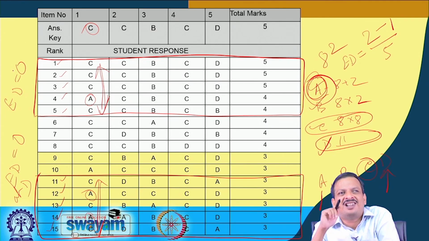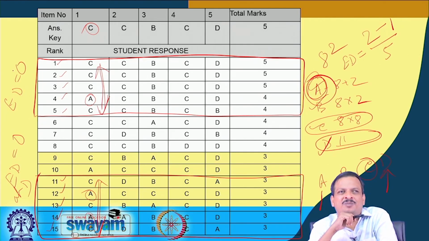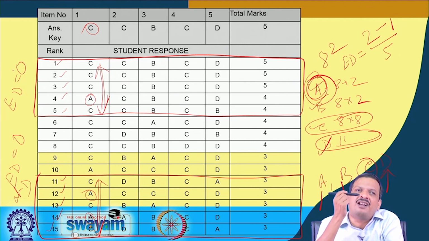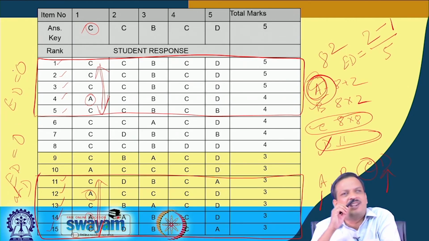When you design MCQ questions and analyze this, you find that in most cases the options you have given are irrelevant because nobody chose them. But if every distractor is related to a possible misconception, then there is a possibility some of the students will have that misconception and choose that option.